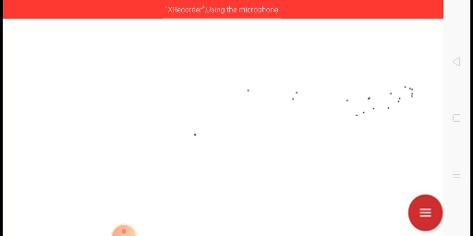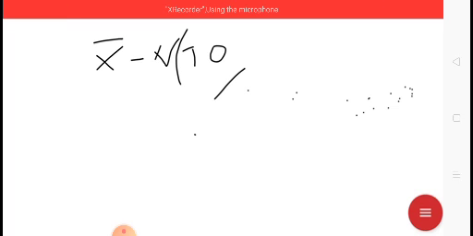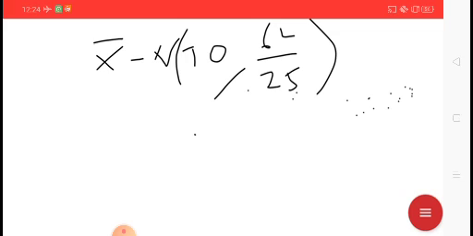Before you start the hypothesis test, it's good to set your parameter first. The mean of the population is 70, and because you do the sampling, you need to change this to the sample. Once you have the parameter, you can set your hypothesis.